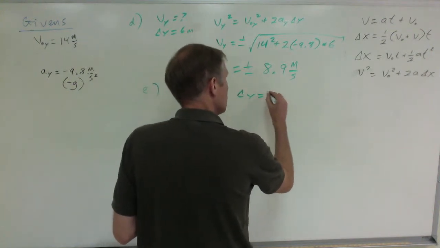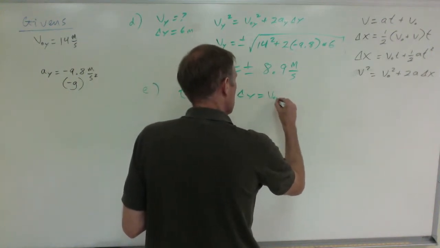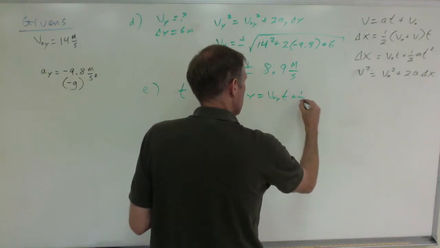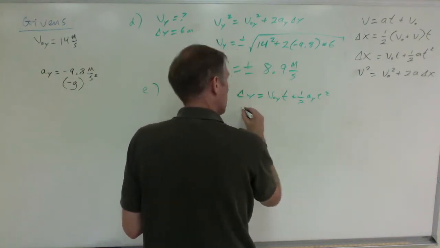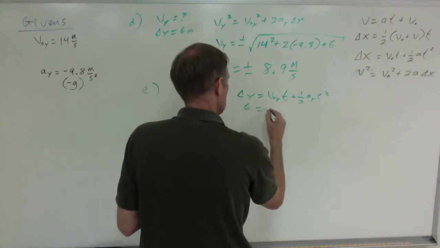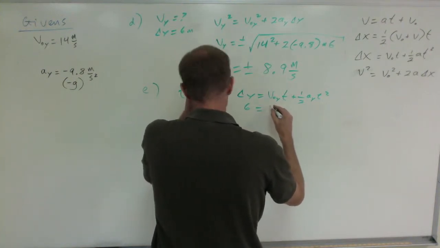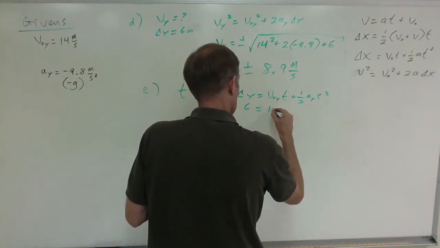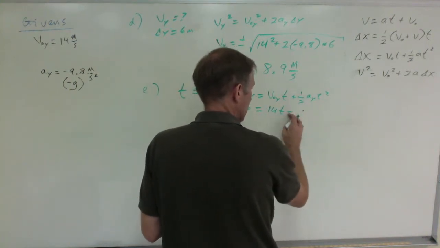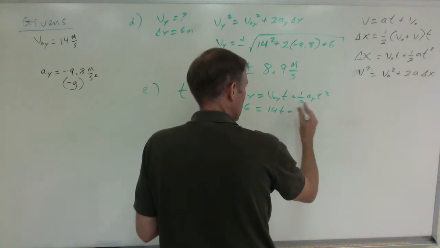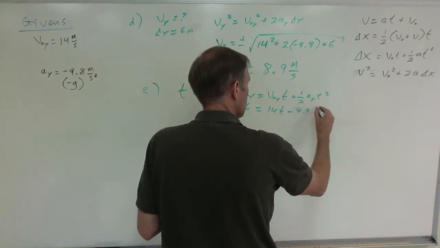Delta y equals V sub 0 y times t plus 1/2 AYT squared. So that would be 6 equals 14t minus 1/2 of negative 9.8. Minus, that's the negative. Half of 9.8 is 4.9 t squared.